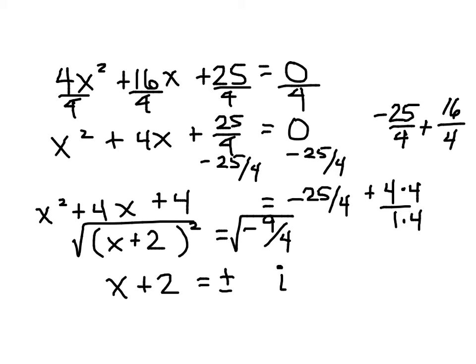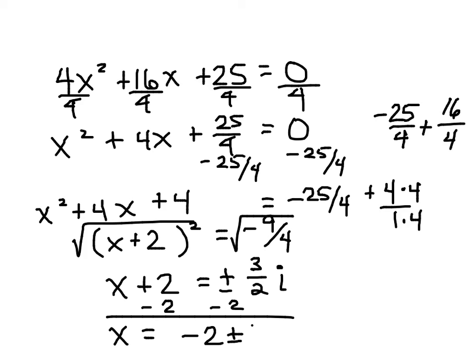What's the square root of 9? 3. Well, that came out nice. What's the square root of 4? 2. Well, that came out nice too. So I don't have any more radicals, right? Now, how do I keep going and solve for x? Subtract 2. So I get x equals negative 2 plus or minus 3/2 i.